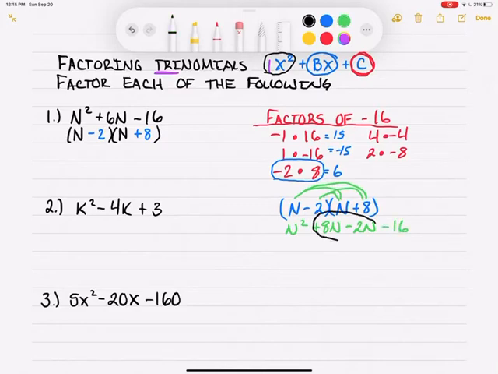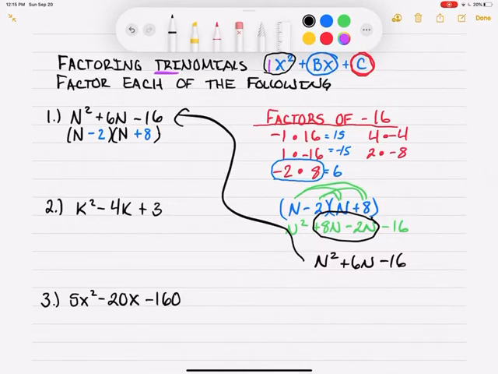These middle pieces would combine, and I would have n squared plus 6n minus 16, which is right where I started. So I know that this is the correct answer. N minus 2 and n plus 8 would be the binomials that multiply to give me my original expression.